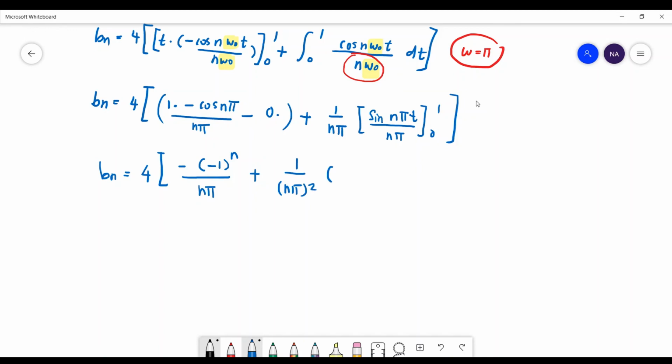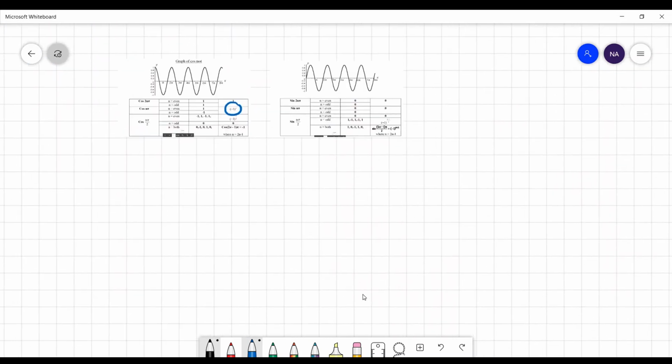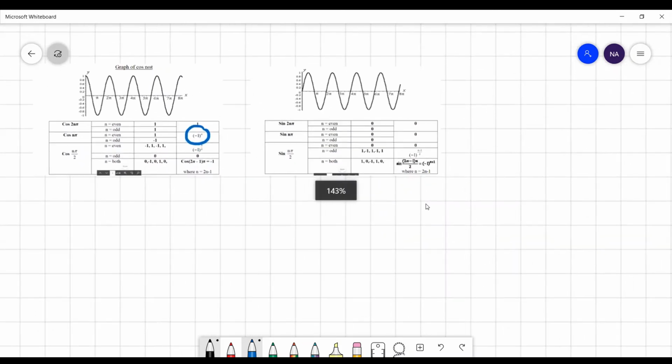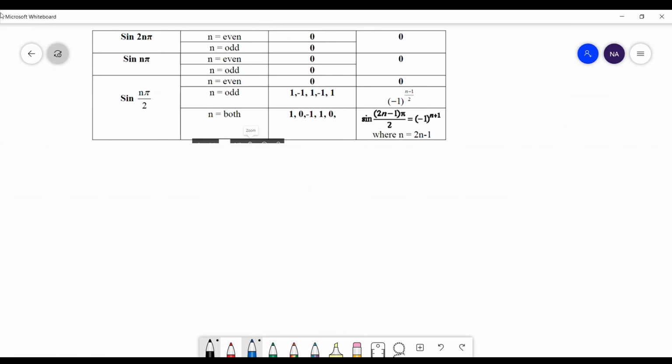So for the sine, it will be sine n pi minus sine 0. Let's look at the sine properties here. Sine 0 is 0. But amazingly, sine n pi here is 0 also. Sine n pi only has a value if it is sine n pi over 2.